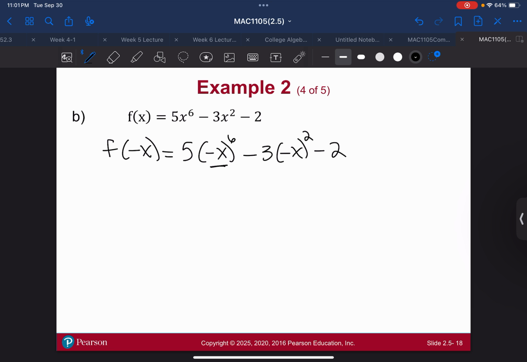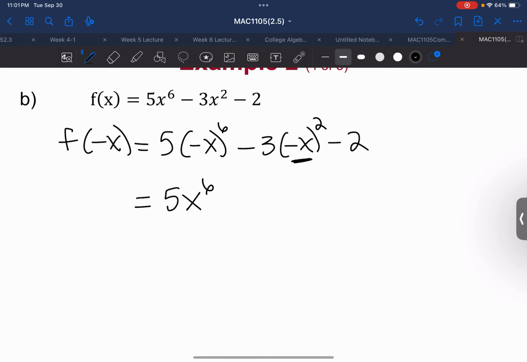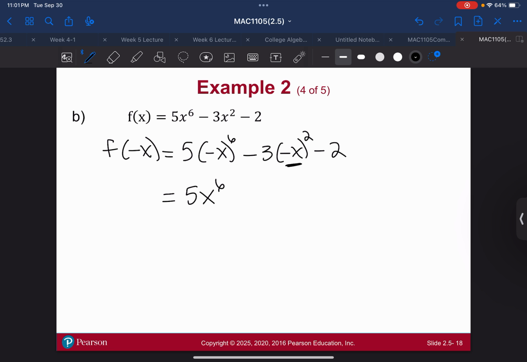So negative x to the 6th power, that's an even exponent, so that'll change it to positive x to the 6th. Same thing here, this is negative x squared, which will change it to positive, and then I'll still have the negative in front of the 3, so that'll be negative 3x squared minus 2.